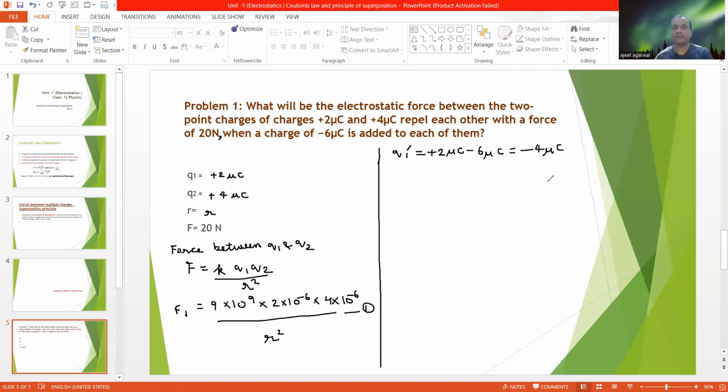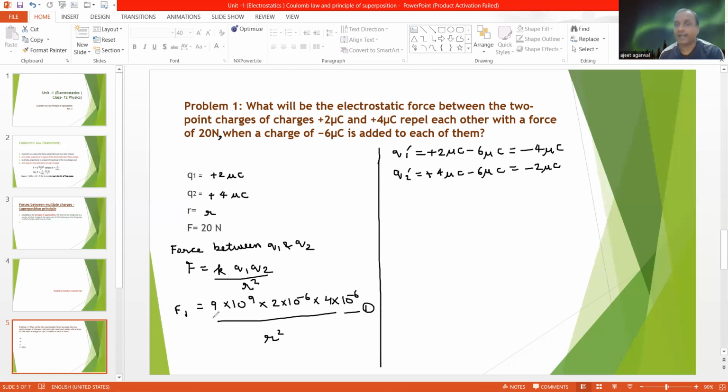Is it clear? If you have any problem, you can ask by means of the comment box. Q2 dash. The initial charge was plus 4 microcoulomb. After giving minus 6 microcoulomb, it will be minus 2 microcoulomb.